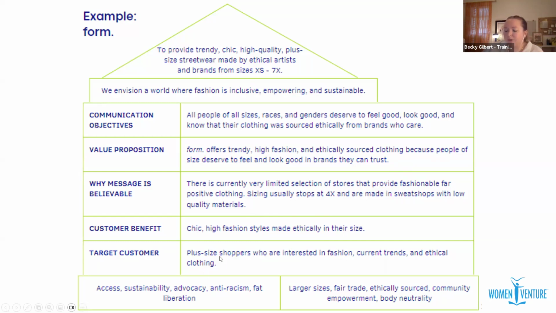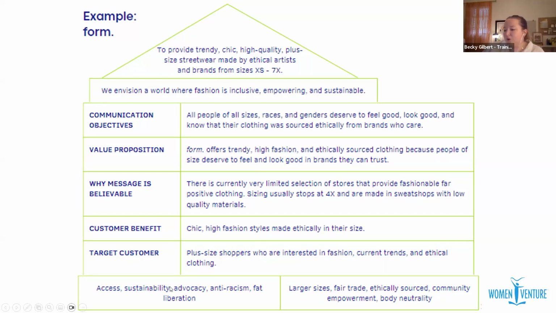But this is a really important piece of the puzzle because you want branding that's going to resonate with the folks that you're trying to draw in, right? So I'll talk more about what that might look like visually, but this is interconnected with every other piece of this puzzle.